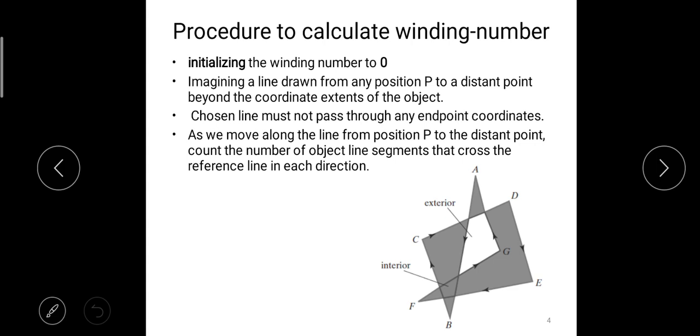Now we'll see how to find the exterior and interior regions, for which we need to count the winding number.